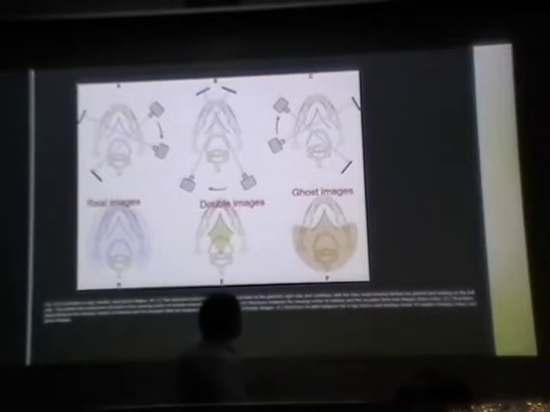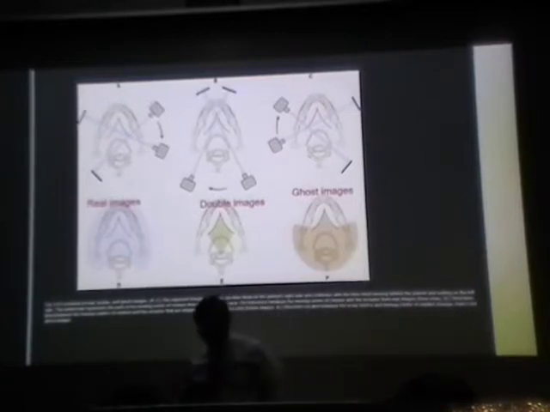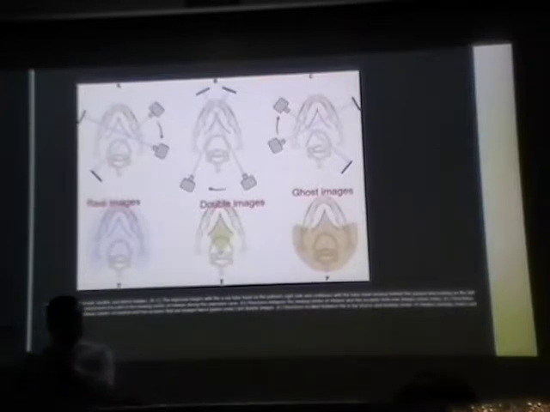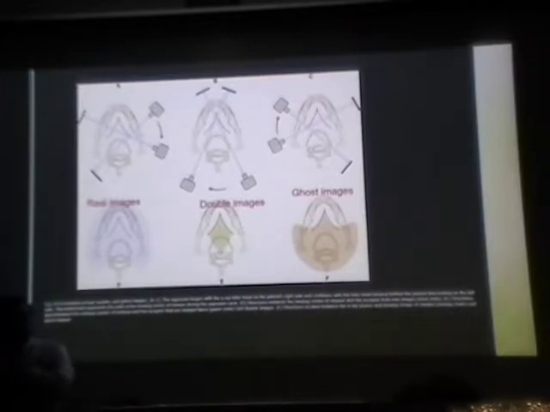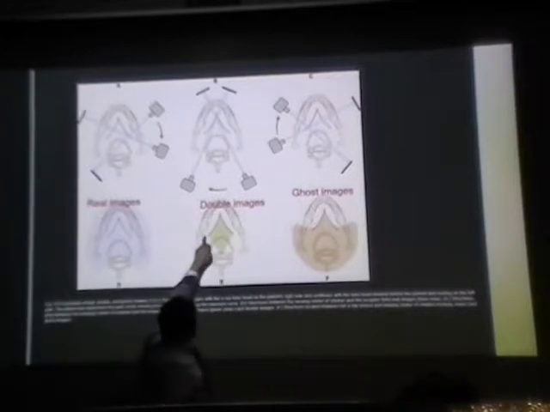And what happens to the ghost images? Ghost images are in this region. For example, like earring, right? So it is from the X-ray source, and there is a center of rotation. Center of rotation is this area where the X-ray unit will go.